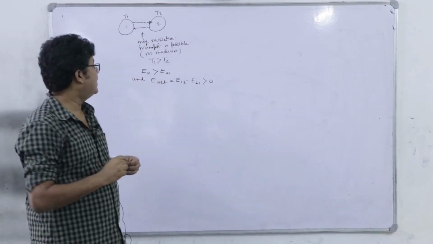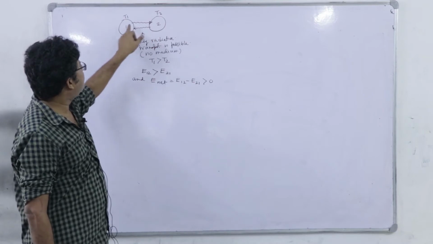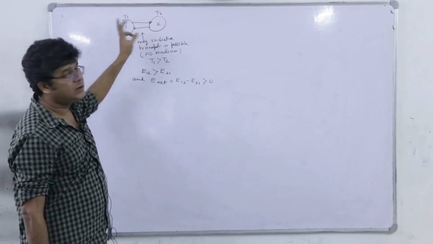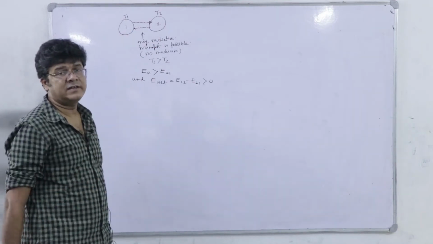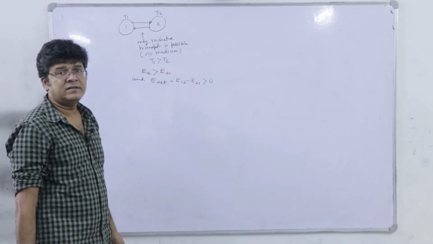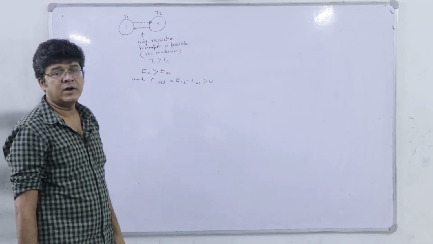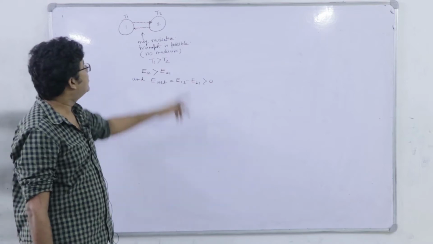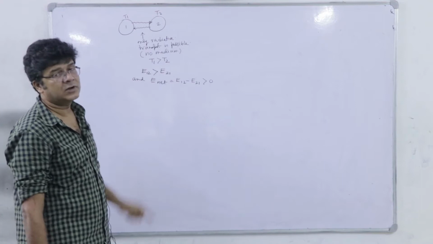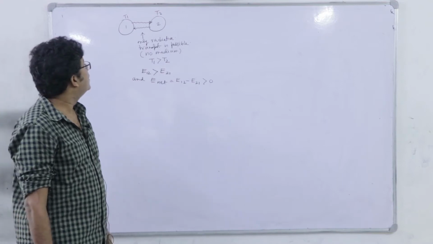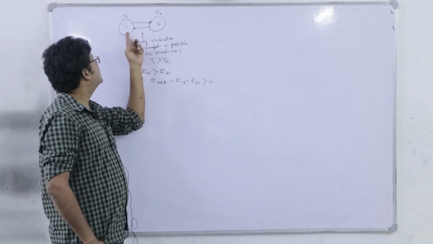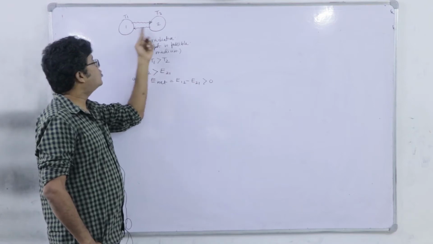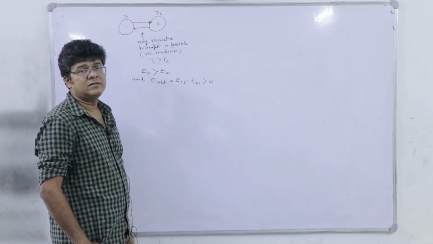So, this indicates that 1 and 2 will simultaneously exchange heat, which means that no temperature difference is required, because T1 is at higher temperature than T2, right. But still 2 will deliver some amount of heat to 1. So, the point here is that E12 and E21 both are non-zero.